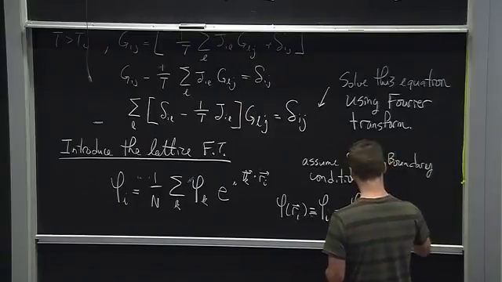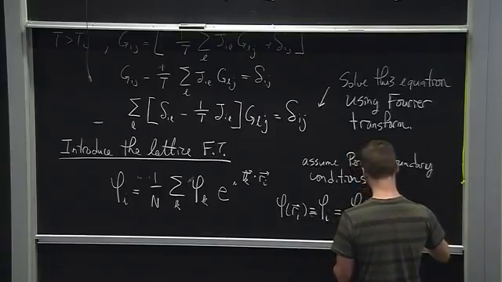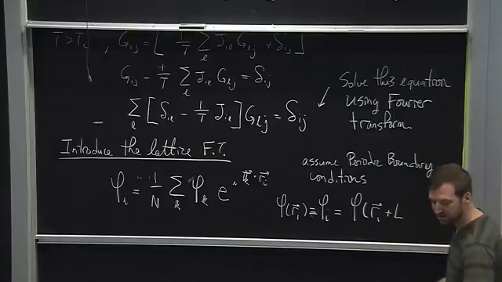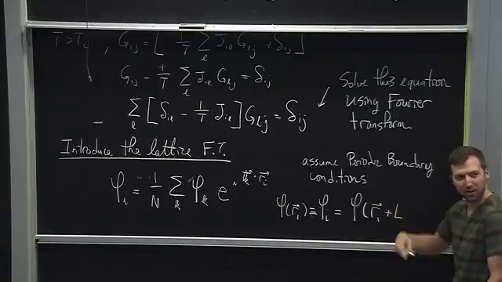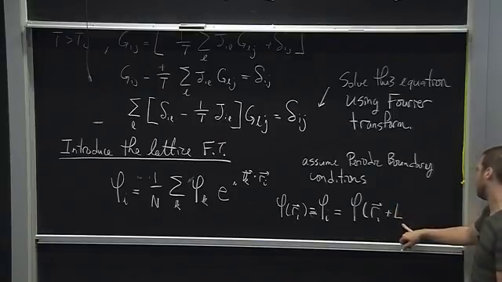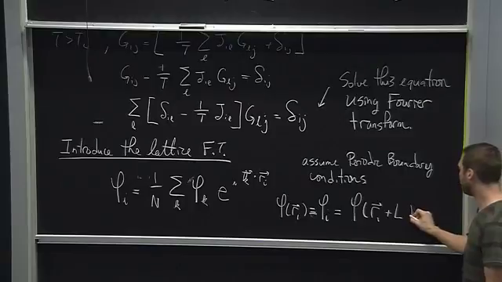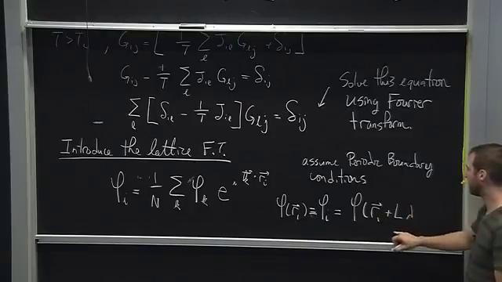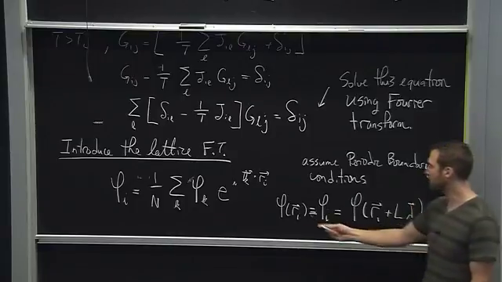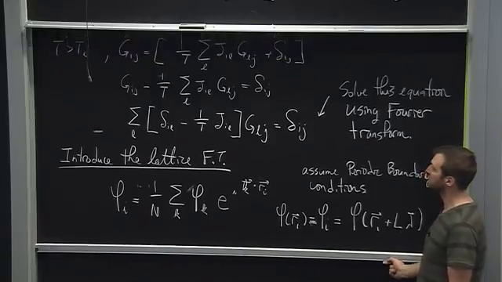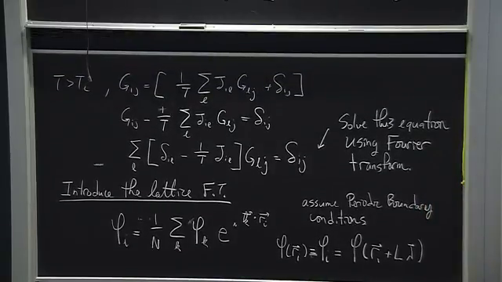And if I translate through the system by the linear size L, so an L by L by L by L hypercube, in some direction lambda, where I'll use lambda for a unit vector, then that field should be equal to its value before that translation. So L is the linear size of the system, and lambda is the unit vector.